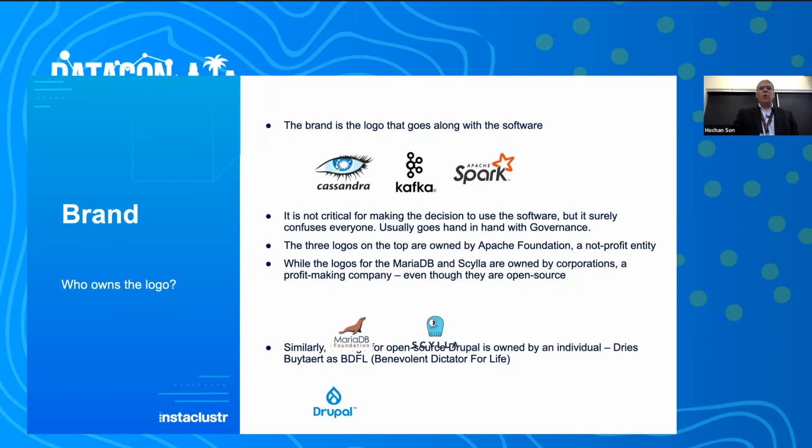While MongoDB and ScyllaDB are owned by a commercial company. So they are open source, but they're owned by a commercial company, so they make money out of it. Then the last one, Drupal, is owned by an individual. One person owns the license. It's free, but there are different ways you can brand it, and you should remember who owns what.